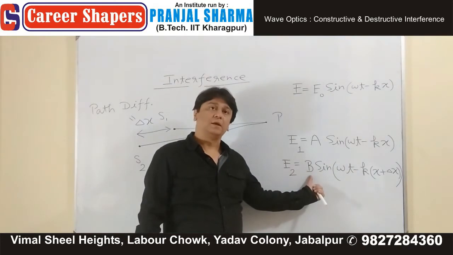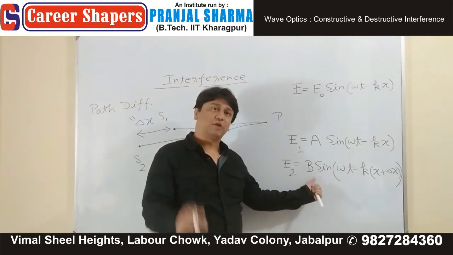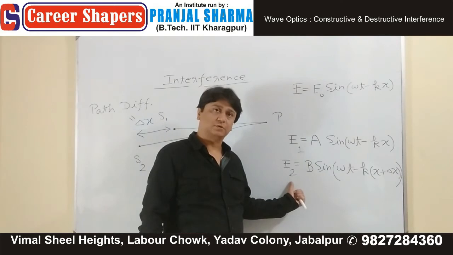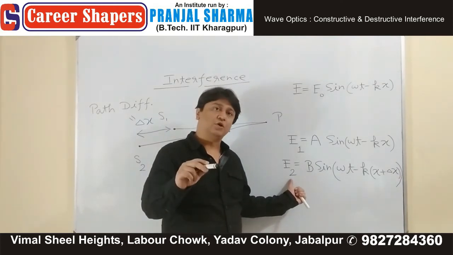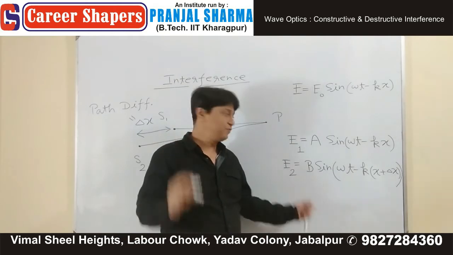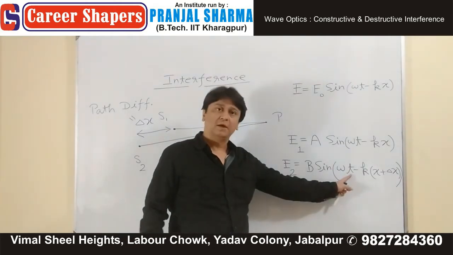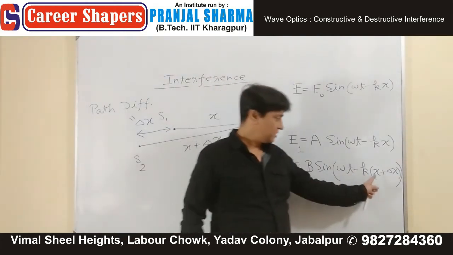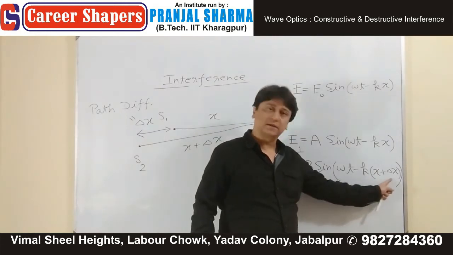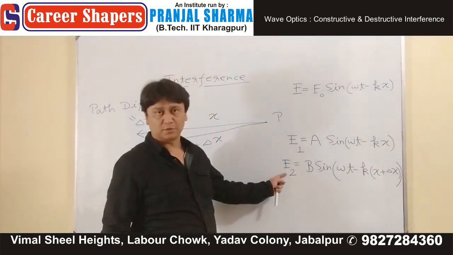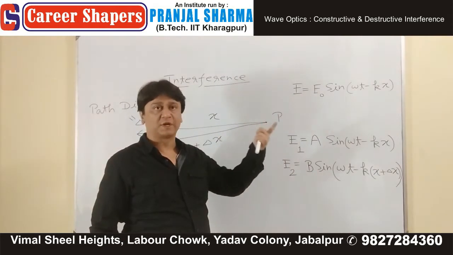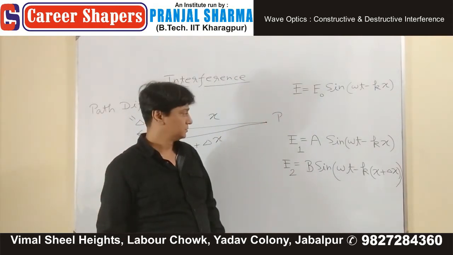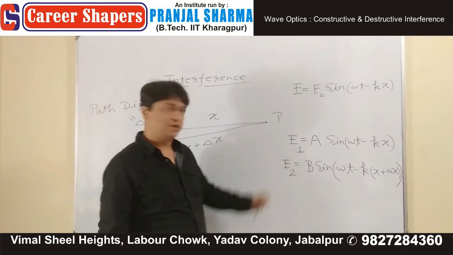What is B? Maximum electric field produced by the second source. What is E2? Instantaneous value of the electric field, that is, the electric field at time t at a distance of x plus delta x from the second source. What is B? Maximum electric field which it can produce. This is E1, this is E2.